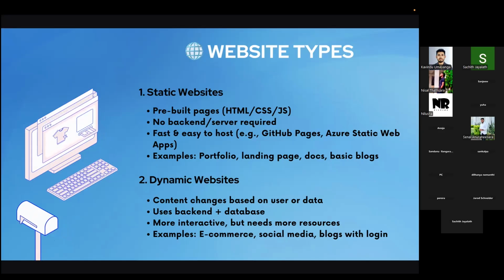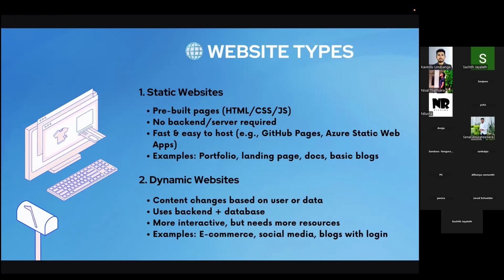A static website is fast and easy to host, like GitHub Pages and Azure Static Web Apps. We can easily deploy a static website on GitHub Pages and Azure Static Web Apps. Examples are a portfolio website, landing pages, documentation websites, and basic blogs. Wikipedia is like a basic blog.